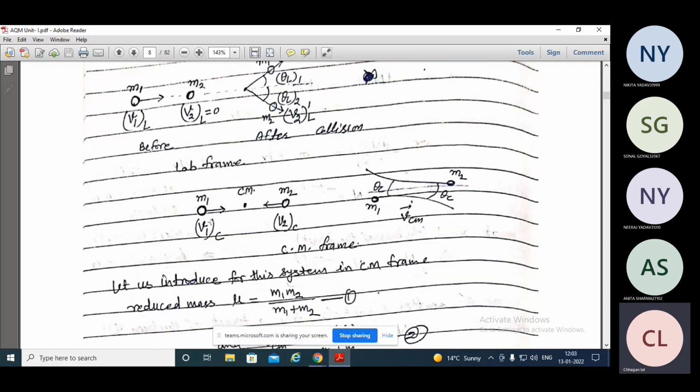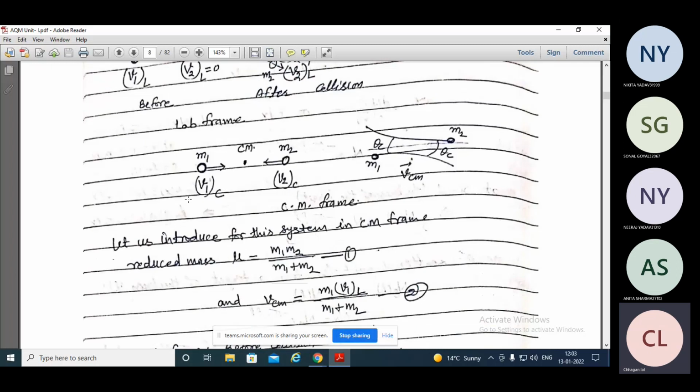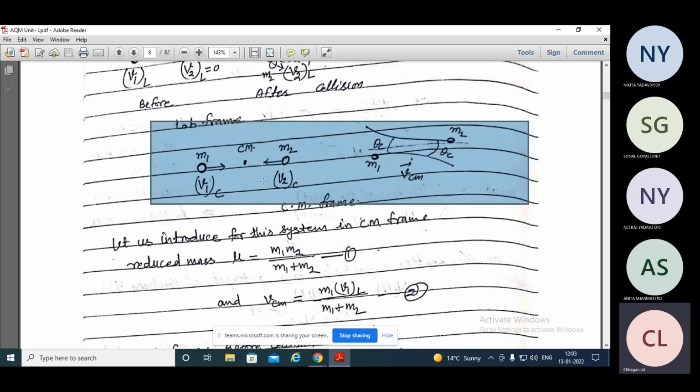Now we can find these particles in the C frame also. So this is the C frame. Here we can find the particles m1 and m2 with velocities v1C and v2C, and the center of mass along the line joining these particles.